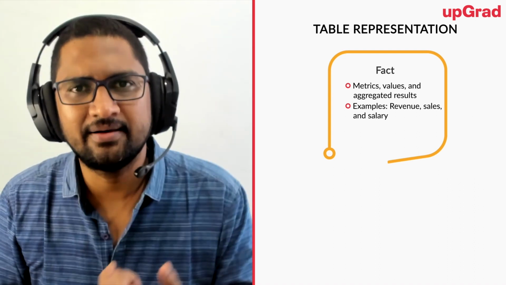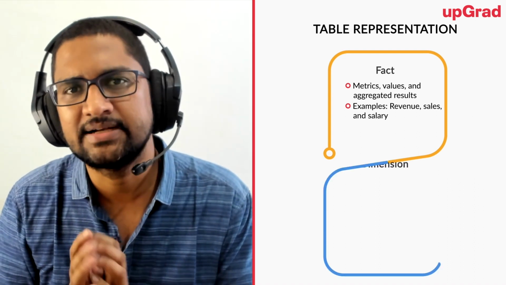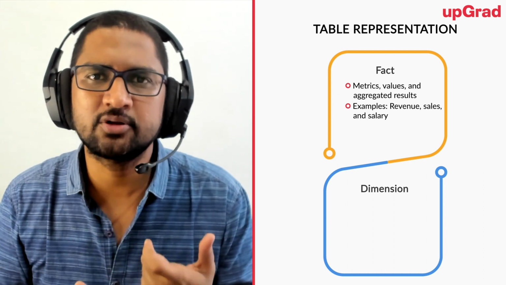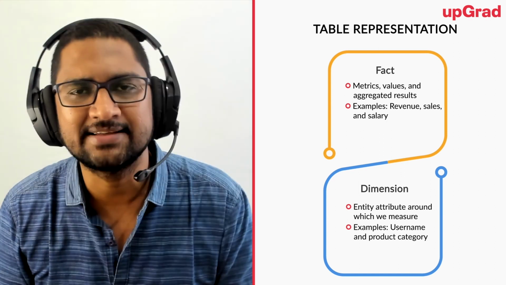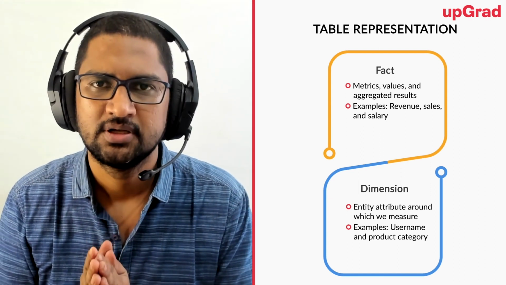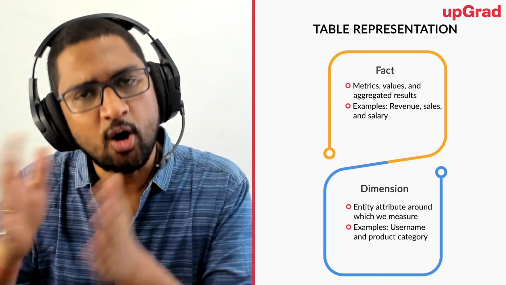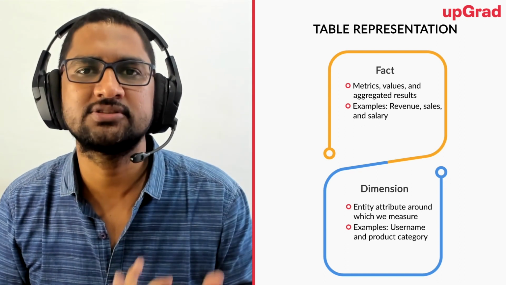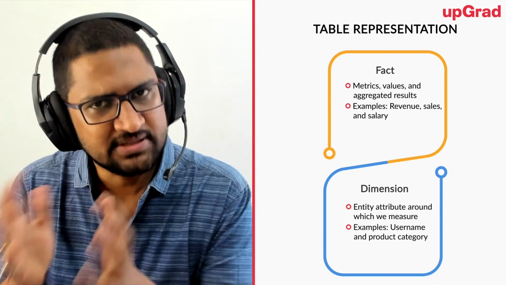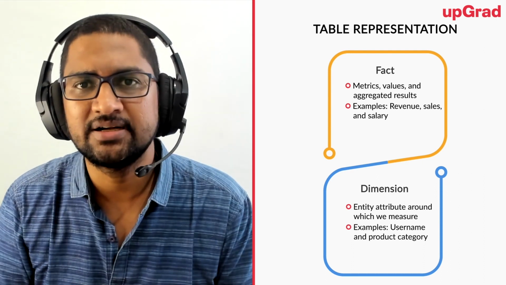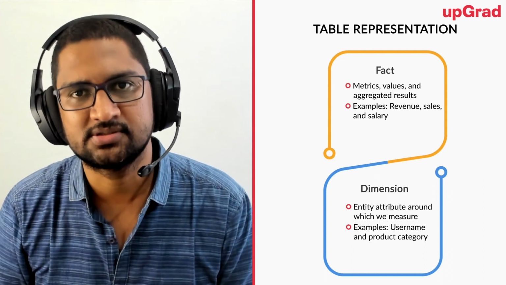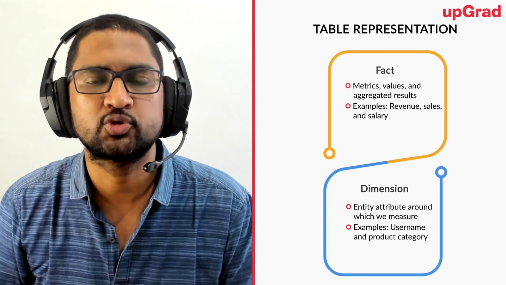So the employee here is called a dimension. Dimensions are those attributes that you are interested in for which the metric has been defined. So the facts are always defined for certain dimensions. Sometimes as a data scientist, I'm more interested in understanding the dimensions for which the metric has to be calculated.